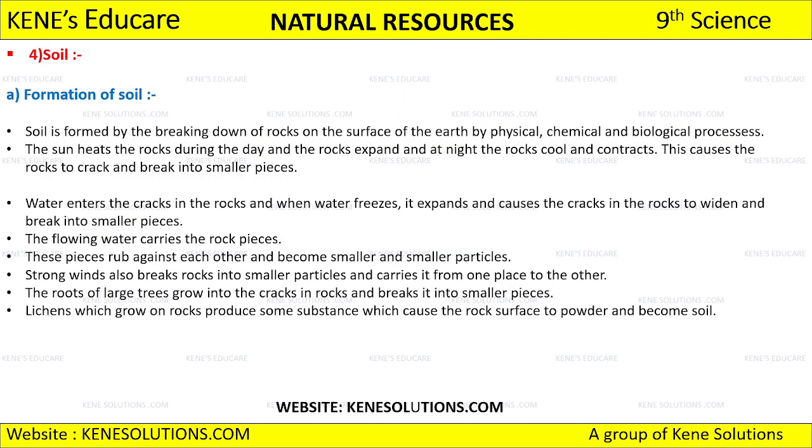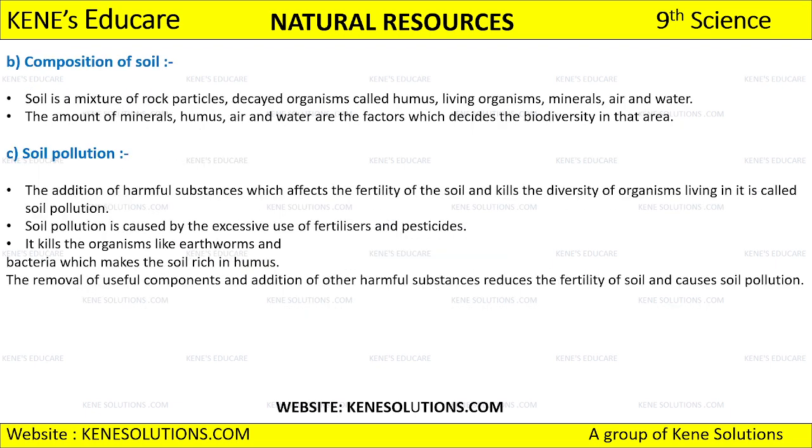And then after water pollution, we'll discuss soil, and under this topic we'll be studying the formation of soil, how exactly the soil has been formed. We will study that in detail. Then we will discuss the composition of soil, what exactly the soil is made up of. And then after that we have soil pollution.